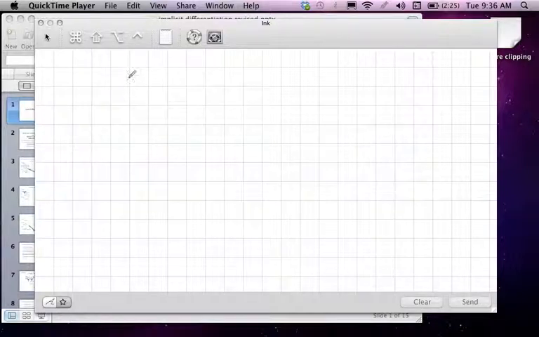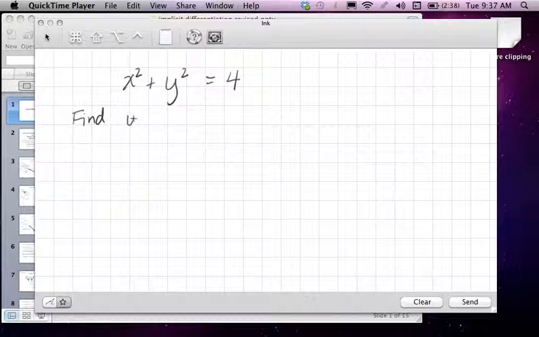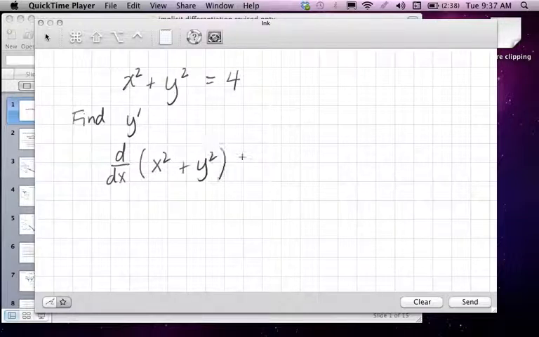Say I have x squared plus y squared equals 4, and I want to find y prime. The idea is you take the derivative of both sides with respect to x, and you treat y prime as a variable. So I'm going to do the derivative with respect to x of both sides. I use the fact that the derivative of two things added is each individual, so it's going to be 2x.